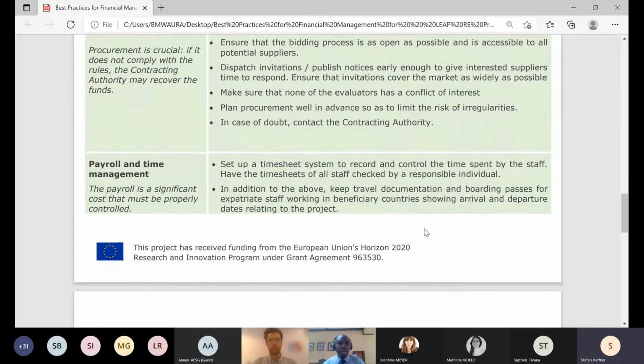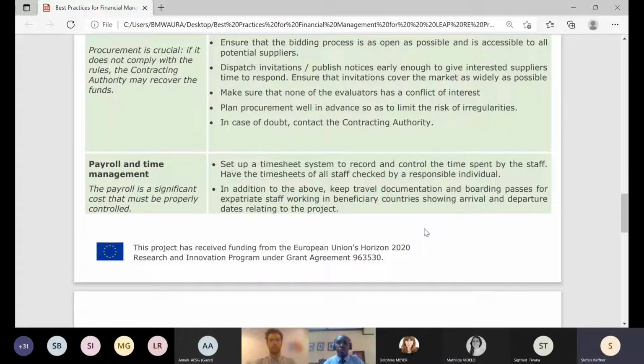So the other important aspect revolves around payroll and time management. It's good to set up the timesheet recording system quite early. I know that the RGI will be sharing with us the template of the timesheet, but I do believe that for all the partners, we already had some format of recording the staff time.